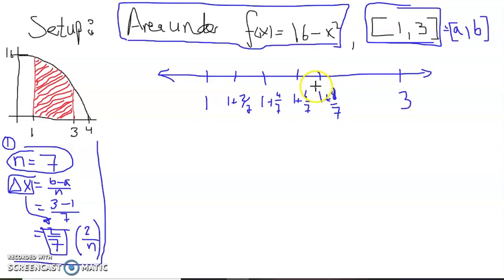Notice how we've jumped right over the number 2, which is right in here because it's 1 plus 7 sevenths. We've jumped right over that. 1 plus 10 sevenths. 1 plus 12 sevenths. And then 3, which is 1 plus 14 sevenths. In other words, 1 plus 2.